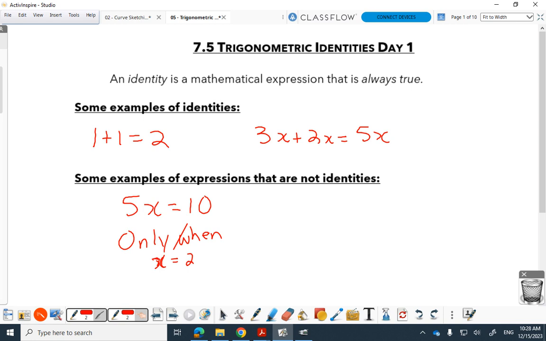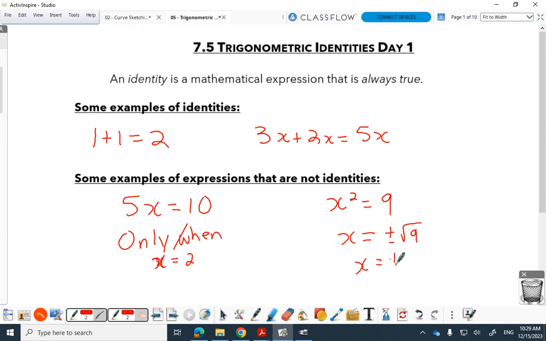I'll do another simple one. X squared equals 9. That is not an identity. That is not always true. If I choose x equals 10, this won't be true. You're like, well, you can't choose x equals 10. I'm like, I can choose any x value I want. We've just been working on situations where we ask, what x values make this true? And then we'd find out that's true for x equals plus or minus square root 9, x equals plus or minus 3.